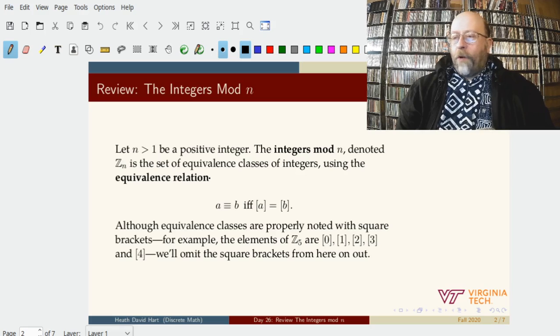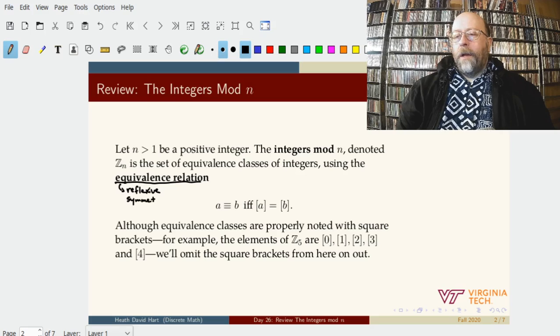A couple of things I want to review from this slide is what we mean by an equivalence relation. An equivalence relation is a relation that is reflexive, symmetric, and transitive.